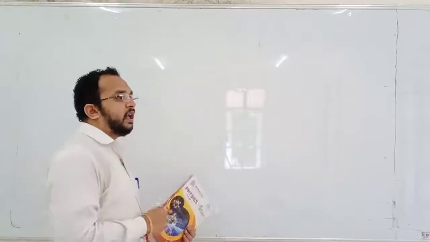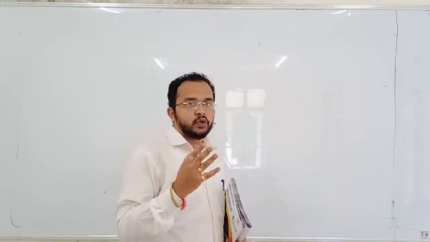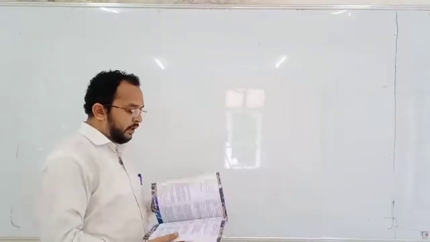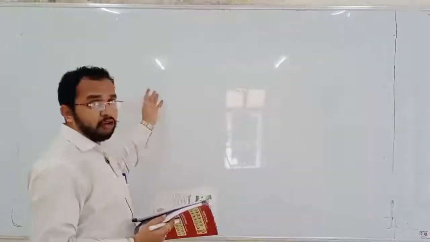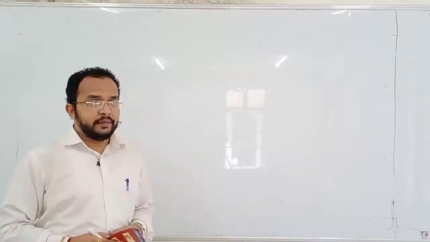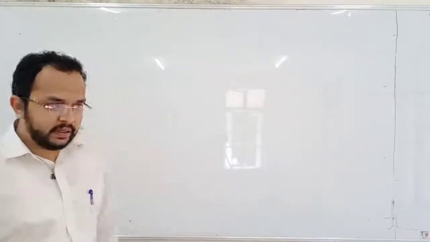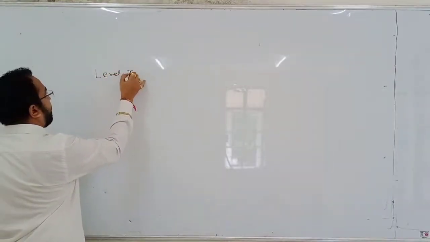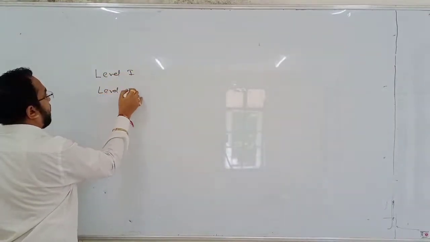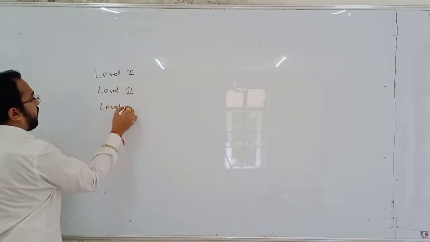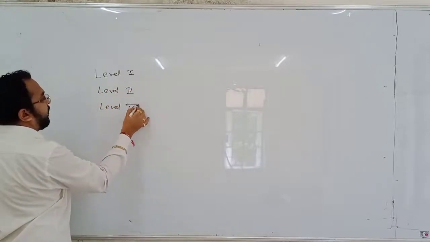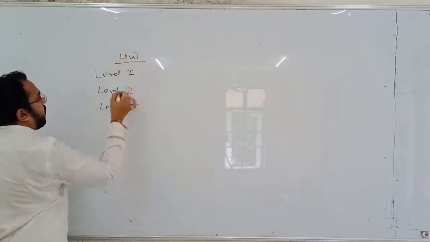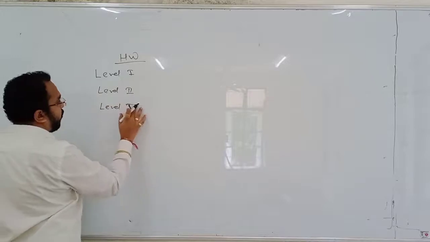Before, in 11th class, we had 5 levels in total. But in all the chapters I have written here, there are only 3 levels: level 1, level 2, and then directly level 5, in homework.